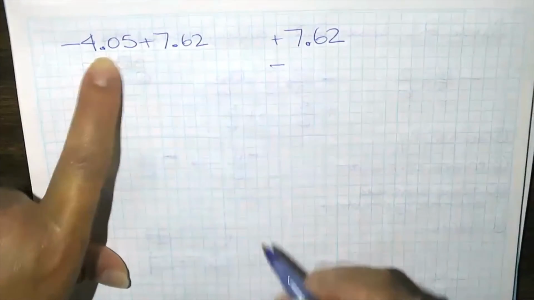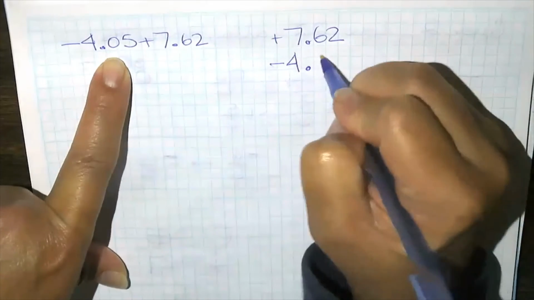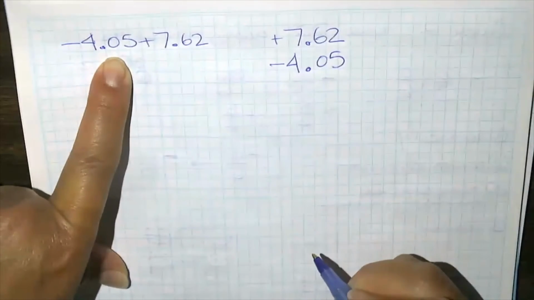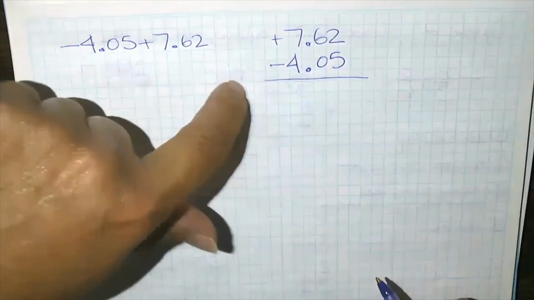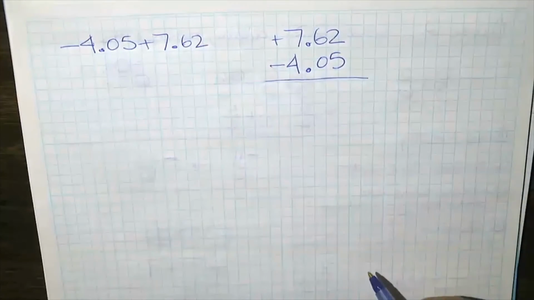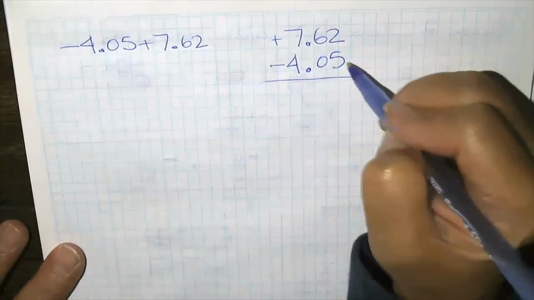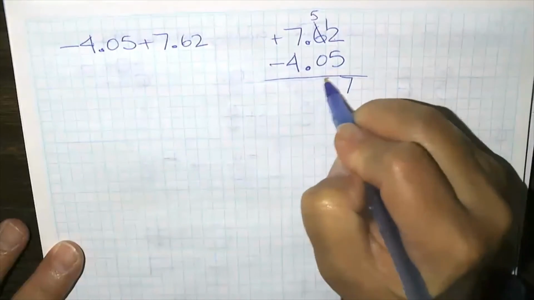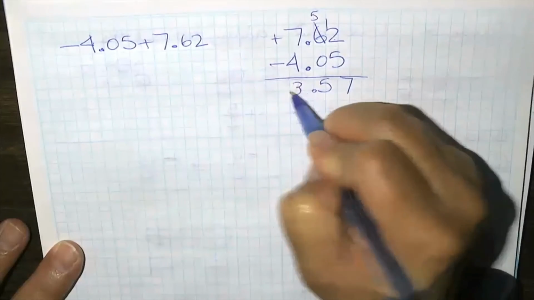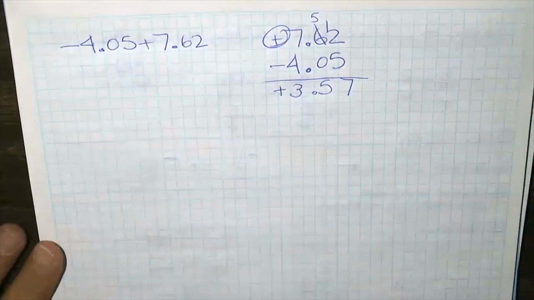And I'm going to line up my decimal points and then line up my place values. My signs are different, so I'm going to subtract. Different signs, subtract. So, okay. Then keep the sign of the largest number.